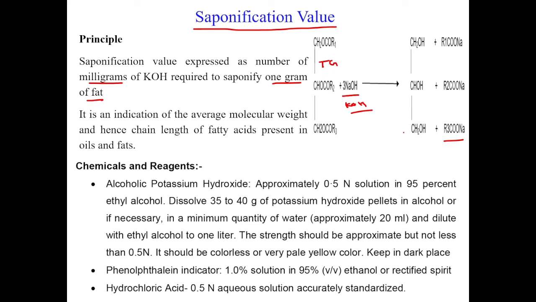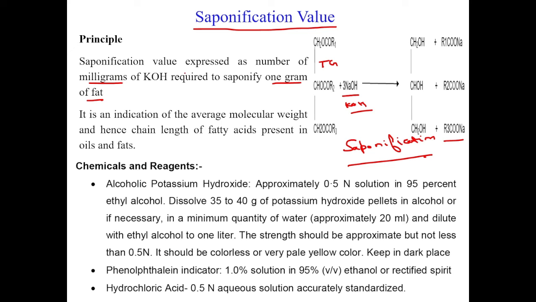And what is the saponification reaction? When alkali is allowed to react with a triglyceride, we have glycerol and the sodium or potassium salt of the fatty acid, and this reaction is known as saponification.